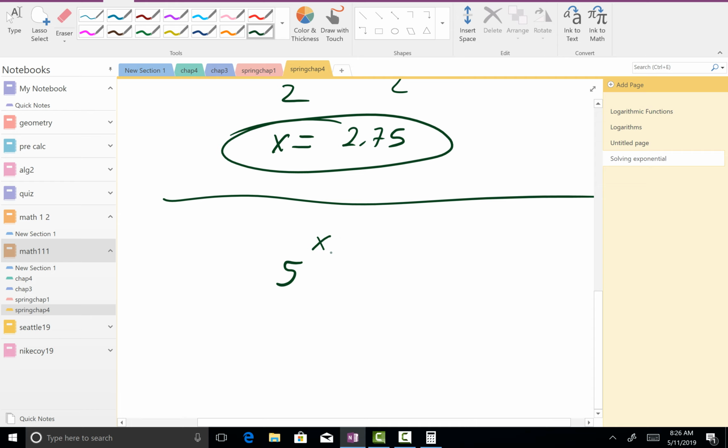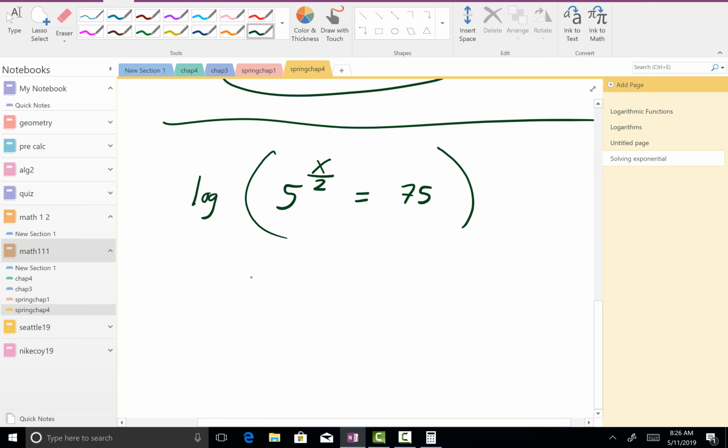So anytime, anything at all, you have even like a fraction. Okay. All you have to do, log of both sides. Anything that's in the variable like that, exponent's in there. Okay.